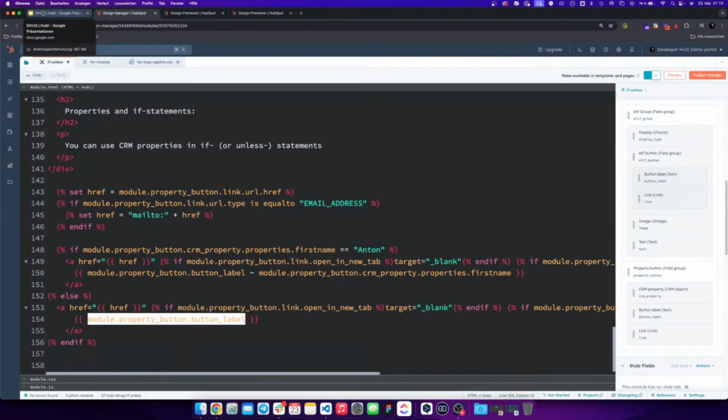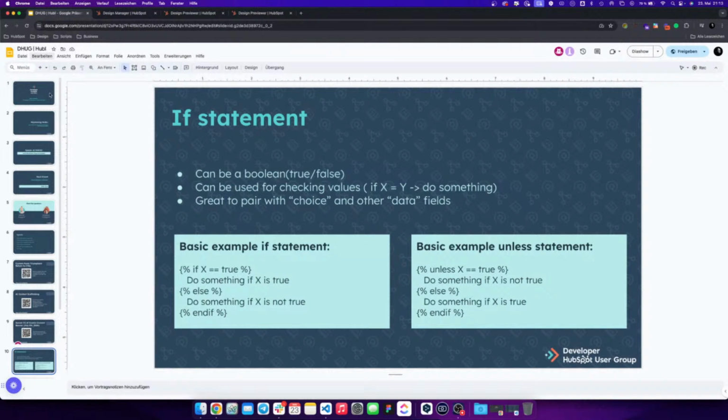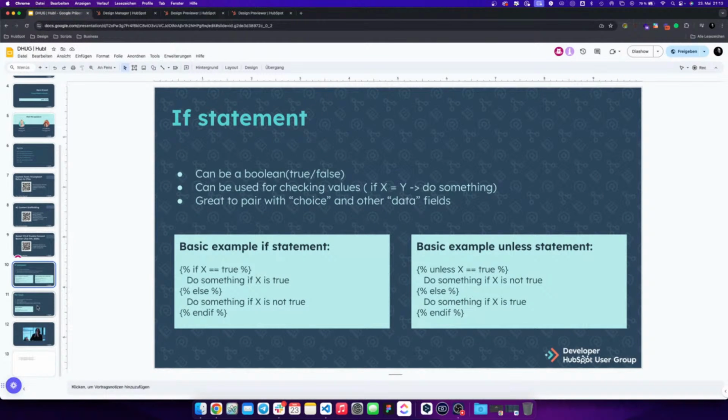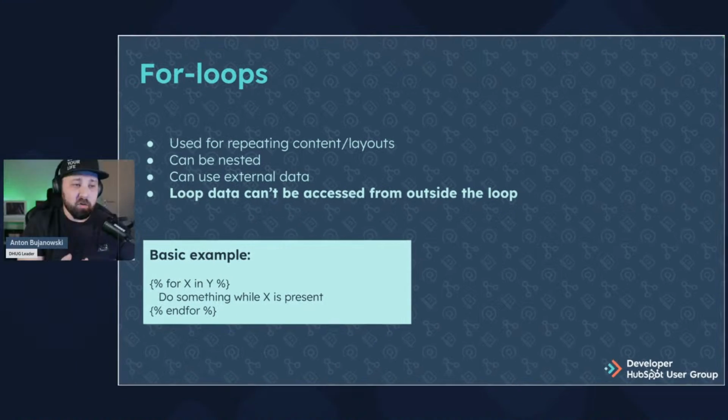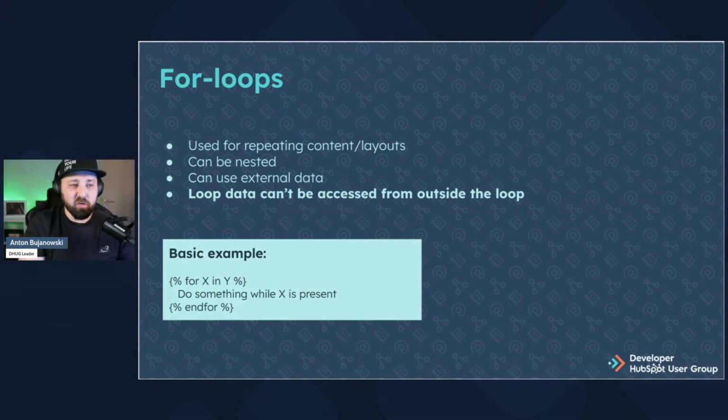Another very powerful thing are for loops. So a loop is very good to use for repeating content, layouts, and such. It can be nested, which can be very great from time to time.